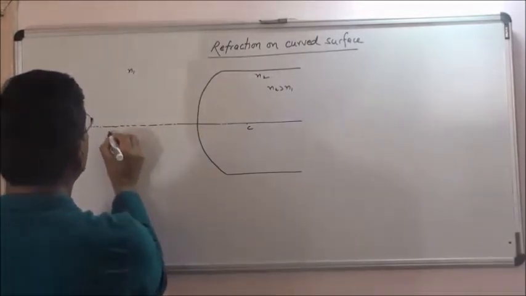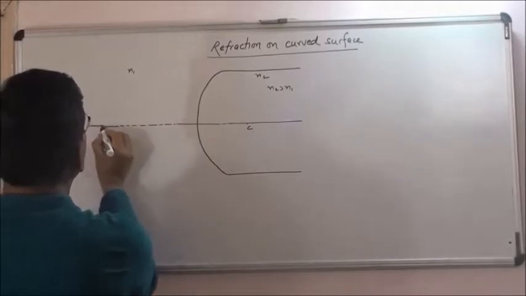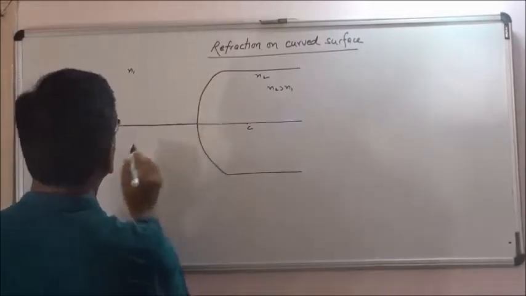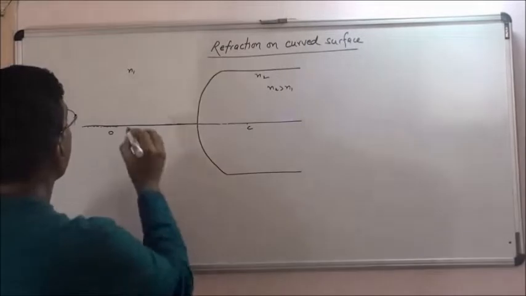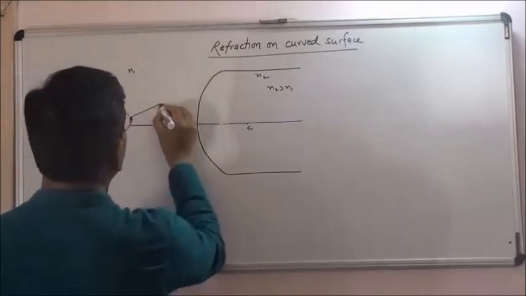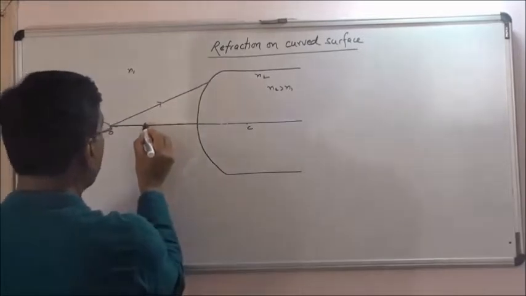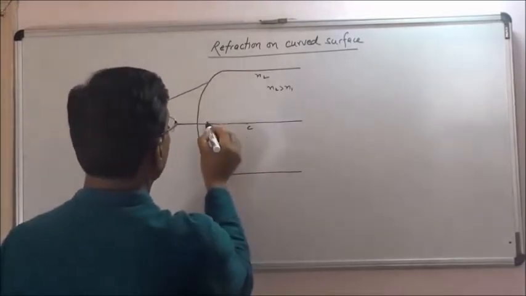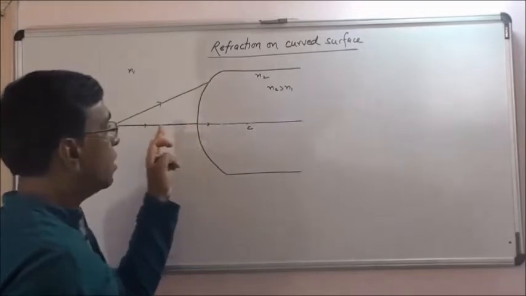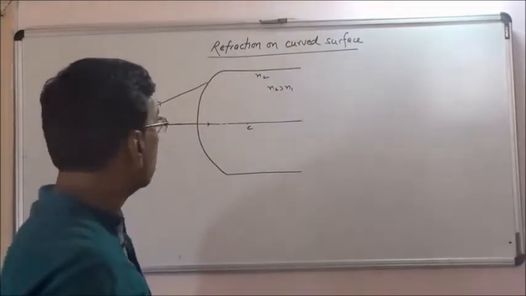Let O be a point object. Consider any one light ray. One we may take straight, so it will pass through. Angle of incidence 0, so angle of refraction is also 0.